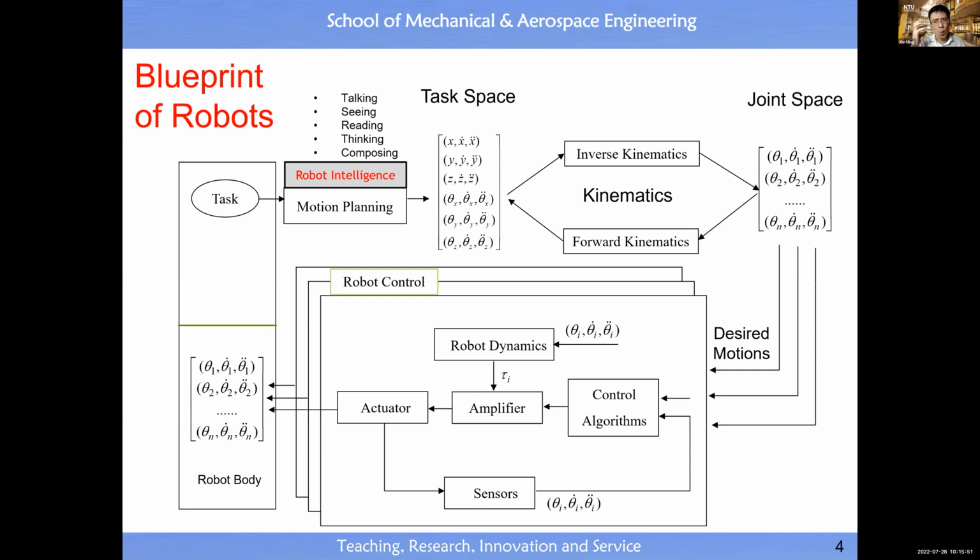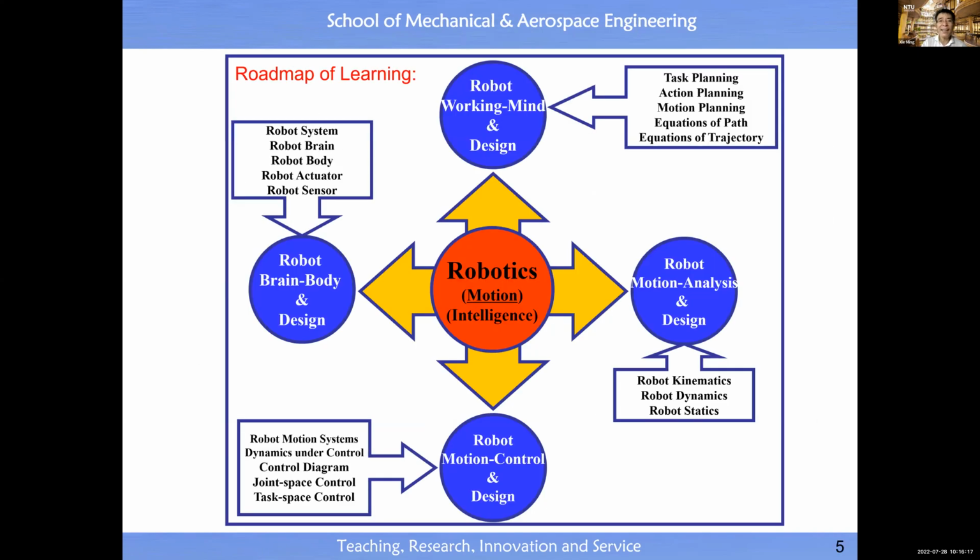Then what should the robot mind be? That is a very important aspect. And this course will link you to the study of AI, artificial intelligence. And you see the connection between artificial intelligence and robotics, all right? So this slide also helps you to venture in future into the study of AI, all right? So it's quite important.